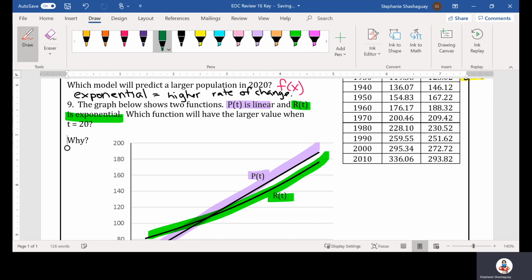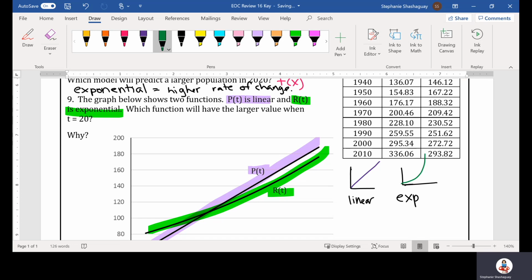Well, remember, if we're looking at a linear versus an exponential, our linear function is going to go like this, where our exponential function is all of a sudden going to spike.